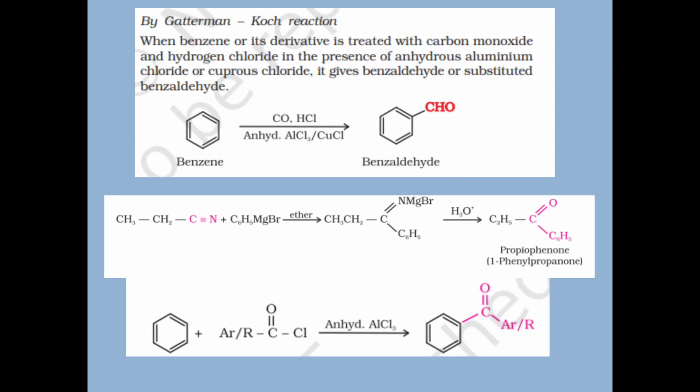We can produce aromatic aldehyde by the Gattermann-Koch reaction by giving benzene in presence of CO, HCl, anhydrous AlCl3 or CuCl. It will form benzaldehyde. In the reaction with Grignard reagent, the nitrile group will be converted into a ketone compound.